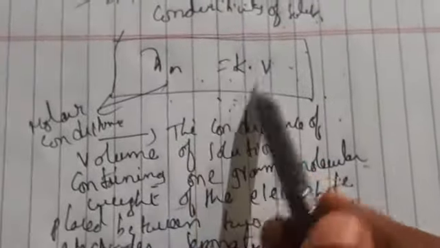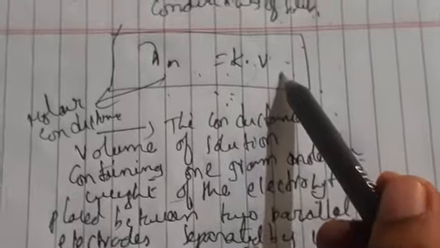So two electrodes we are placing here, and automatically the volume of the solution we can see. That's why we have written lambda m is equal to kV, where k is the specific conductance and V is the volume of the solution.